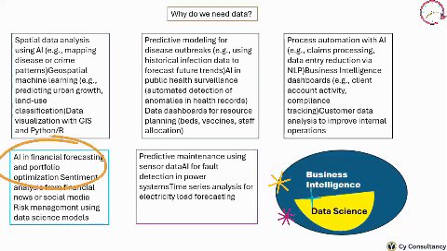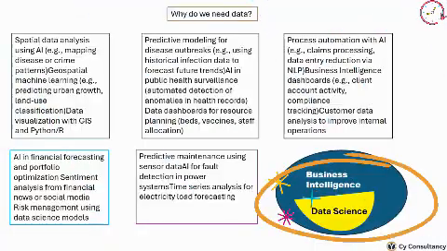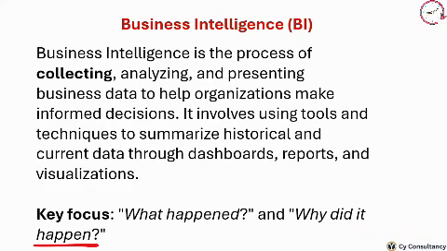Now, the idea is that we want to gather as much data as we can for the purposes of business intelligence. What is business intelligence? This is the process of collecting, analyzing, and presenting data. What questions are we trying to ask and answer? What happened and why did it happen? Business intelligence is focused on what happened in the past, so we summarize historical and current data through dashboards.